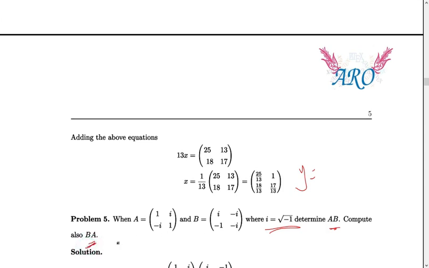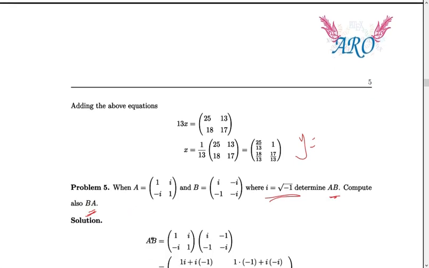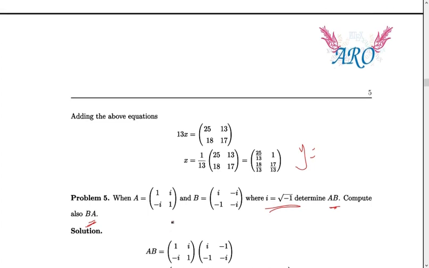Suppose A and B: AB is matrix multiplication. Matrix multiplication is not always possible. The matrices must be compatible for multiplication. That means the number of columns in the first matrix must equal the number of rows in the second matrix.